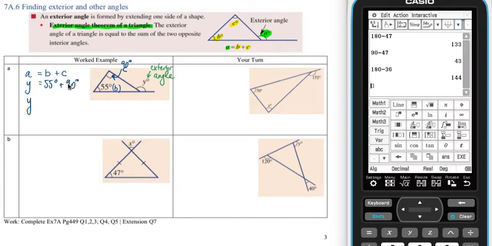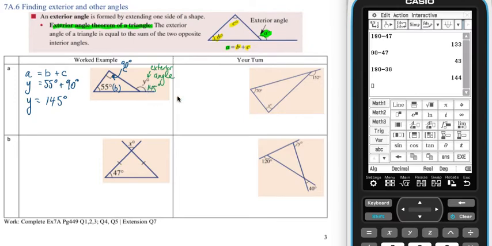Therefore, using the exterior angle theorem, we can see that 55 plus 90 will make this outside angle. And it looks quite obtuse to me. So 55 plus 90 is 145 degrees. And there we go. We've got our exterior angle as 145 degrees. Solved it.